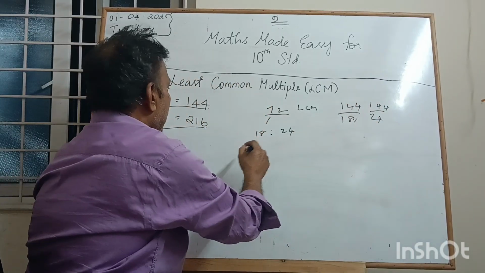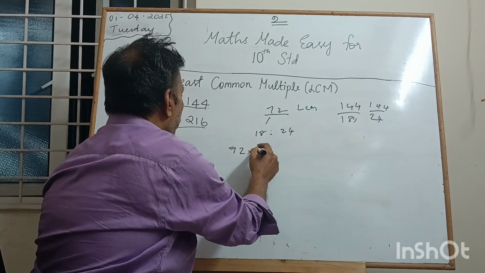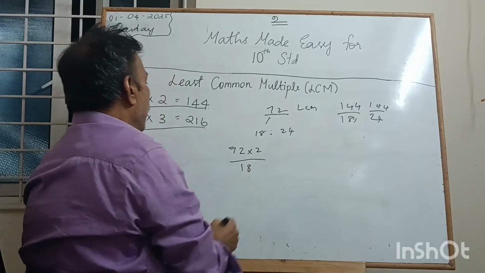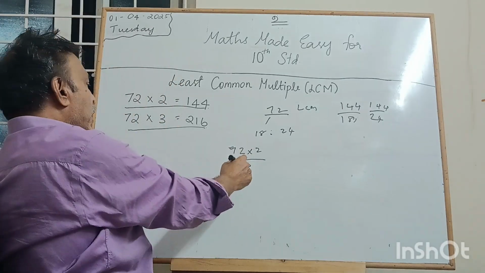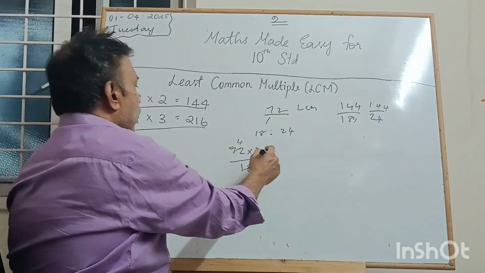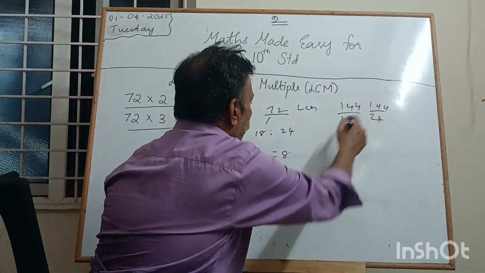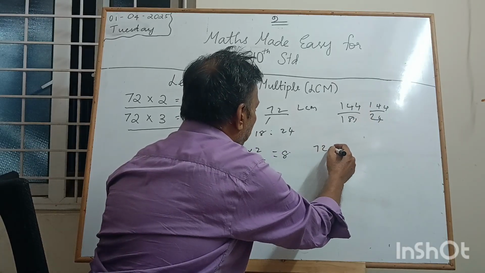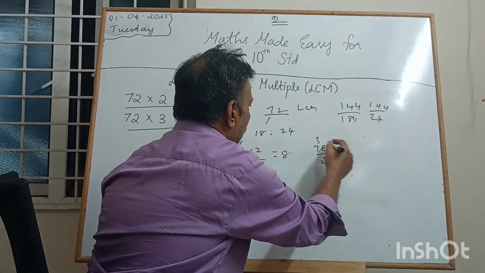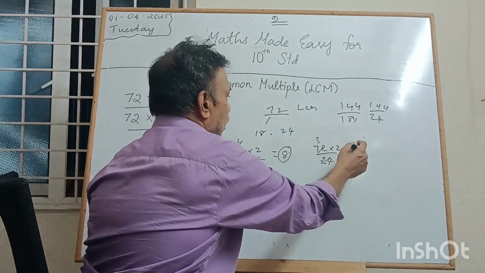Or shall I write it like this? 144 is 72 into 2, divided by 18. Already we have the result of 72 by 18 as 4, so 4 into 2 is 8. Again 144, 72 into 2, divided by 24: 3 into 2 is 6. So you get answers of 8 and 6.